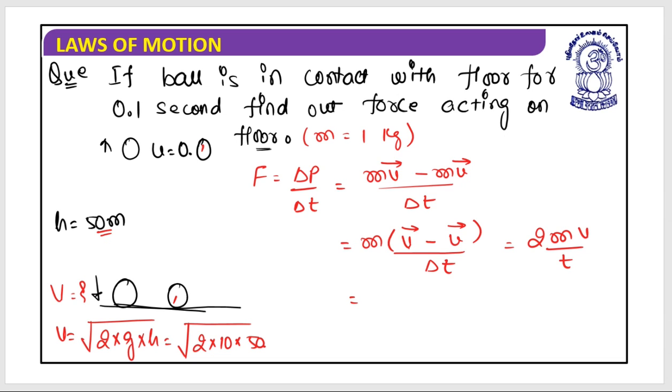So let's put in the values. It's 2 multiplied by mass, which is 1 kg, multiplied by velocity, which is root of 1000, that is 10 root 10, divided by 0.1 second. So it's 1 into 10, so this is 10 into 10, 100, 100 into 2. It's 200 root 10 Newton.